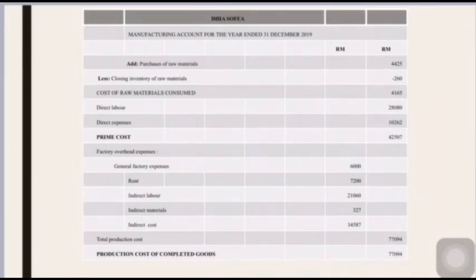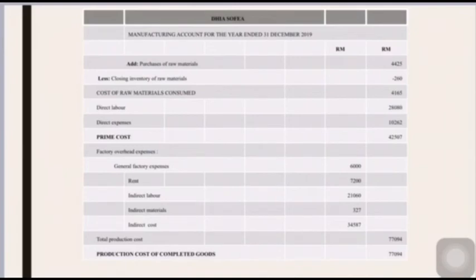And then we conclude the factory overhead expenses, which are general expenses 6,000, rent 7,200, indirect labor 21,060, indirect materials 327, indirect costs 34,587, and the total production cost, which is 77,094.